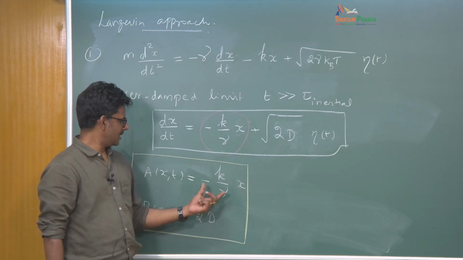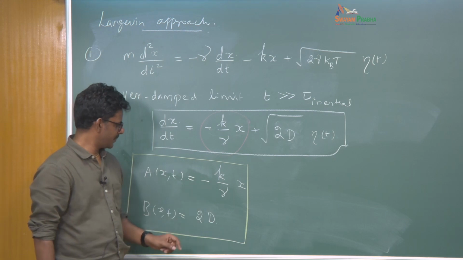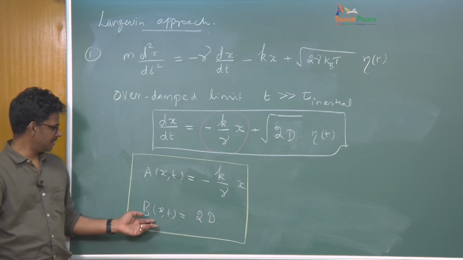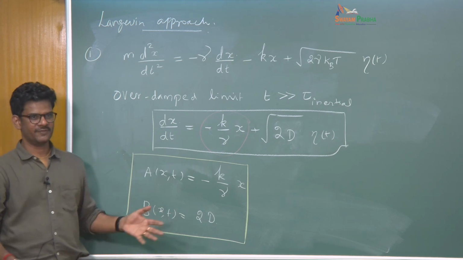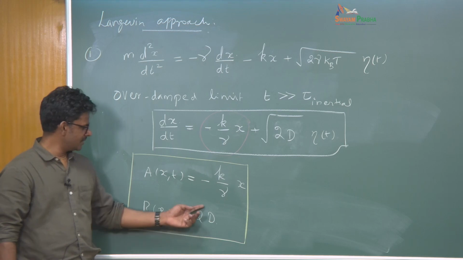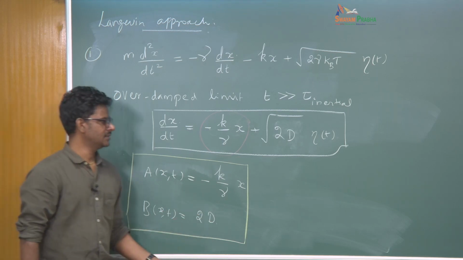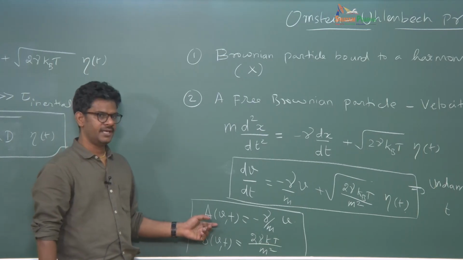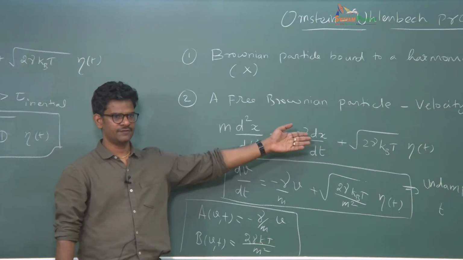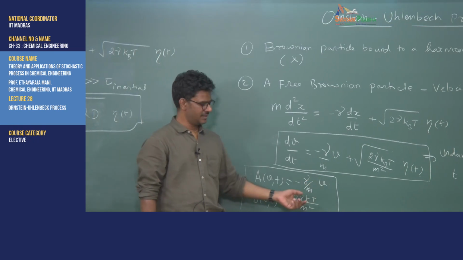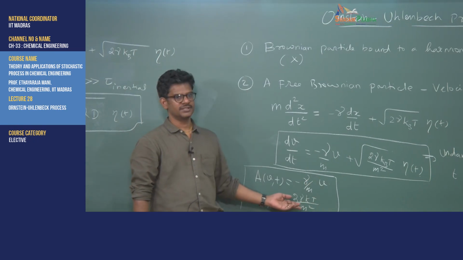Okay, so this minus sign is there, and this function b here, which characterizes the rate of change of mean square values, is constant. Okay, similarly here if you take the characteristic function a for describing the velocity of a free Brownian particle, it also has a linear dependence on v itself, and the b function is constant.